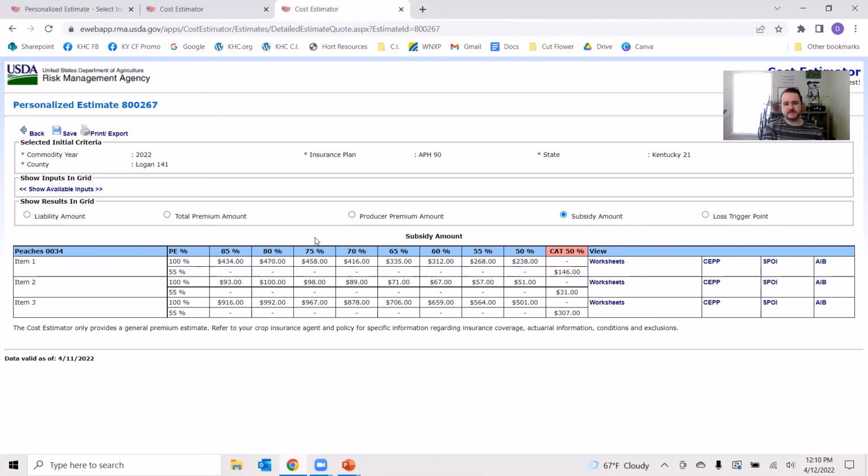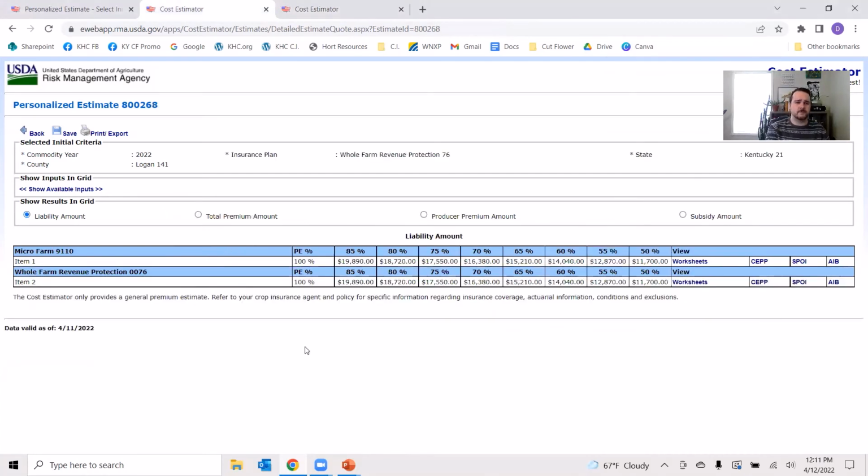So it's really not bad to protect 75% of your operation, you are not paying as much as the subsidy is. So it really is worth it for a lot of farms because you're not spending as much as you would have without that subsidy. Now let's go take a look at our whole farm and micro farm.